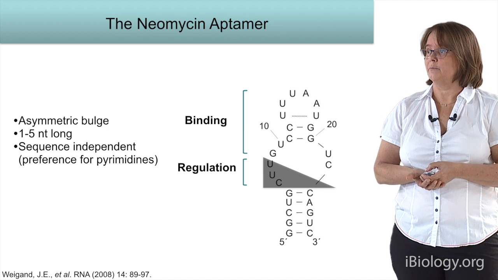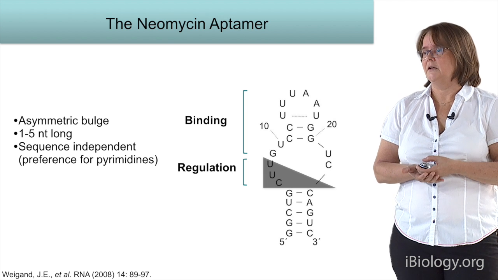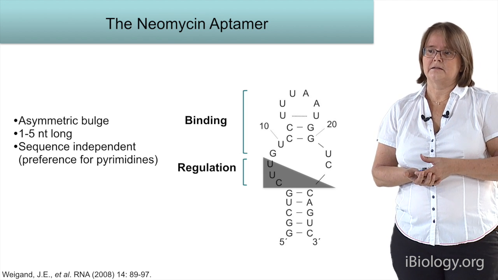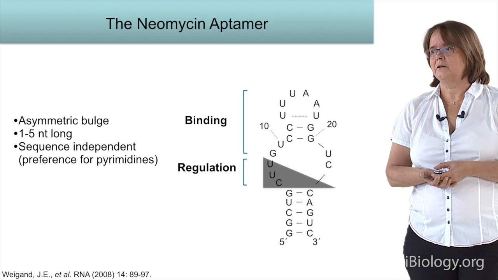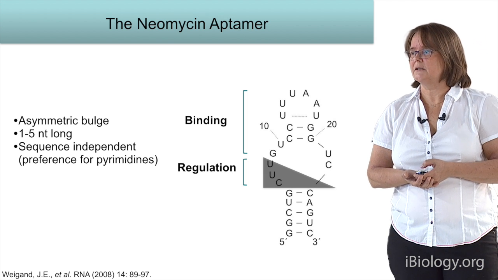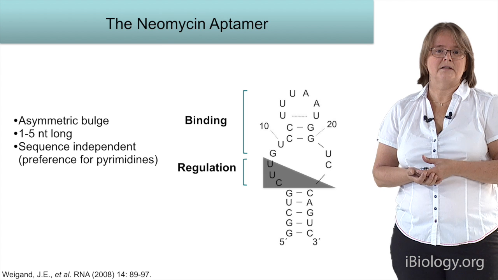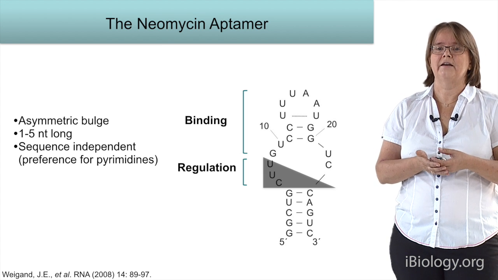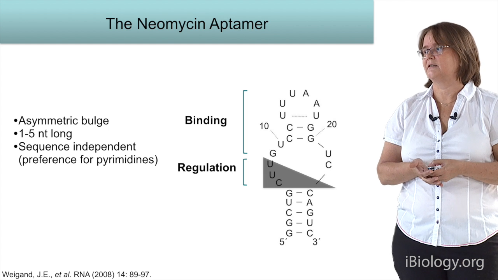So this bulge can be between 1 and 5 nucleotides long. It's mostly sequence independent with a small preference for pyrimidines. However, it's important that it is present, and it's important that you do not have a nucleotide on the other side of this bulge.